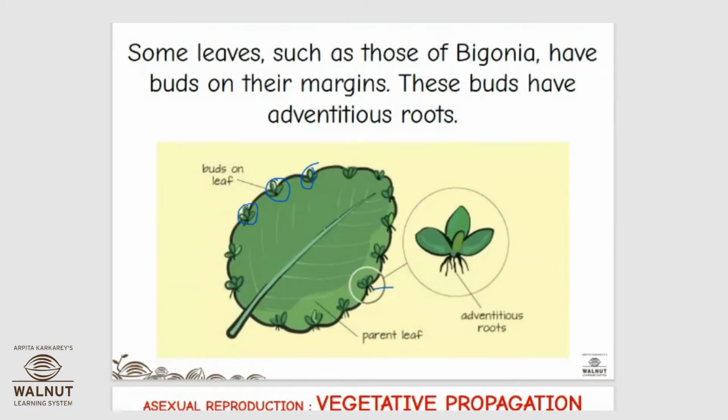When these parts of the leaf fall on the ground, as they get support of the soil, the roots spread, they grow, and the plant grows completely. Especially it happens in Bryophyllum, the group of plants which reproduce by this method.